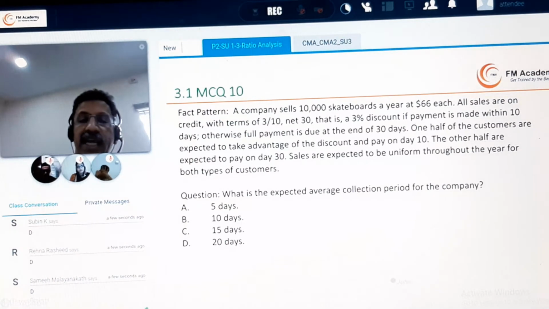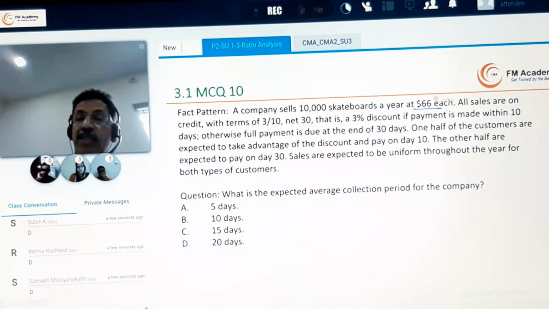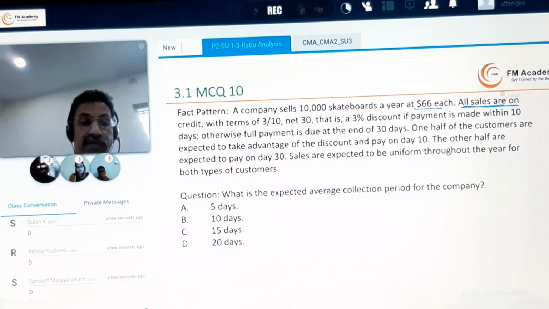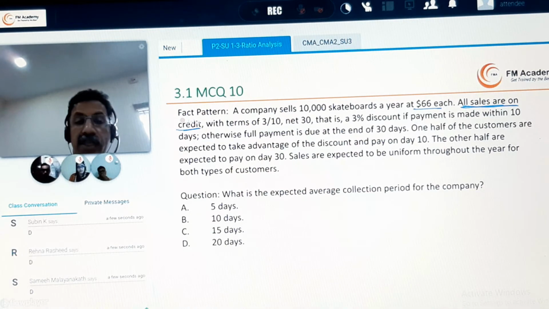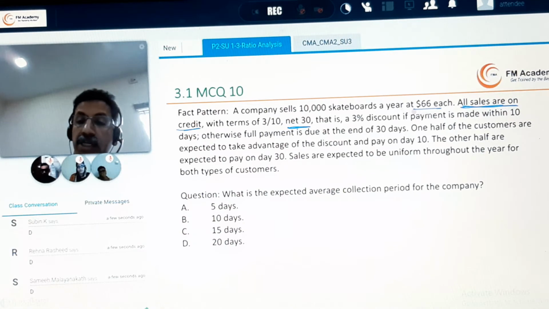A company sells 10,000 steak boards a year at $66 each. All sales are on credit, so there are no cash sales. With terms 3/10 net 30, net 30 is the credit term, with a 3% discount if payment is made within 10 days.